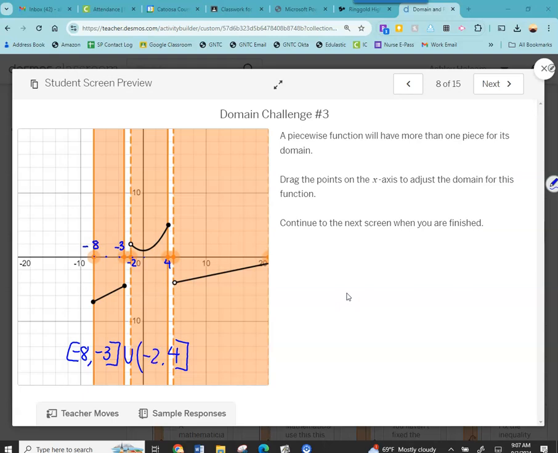I thought that 4 was something too. Then to read the next one, this is 5, and this is infinity. So the last one we would say union with parenthesis on 5 to infinity and beyond. So that's the domain for that picture.